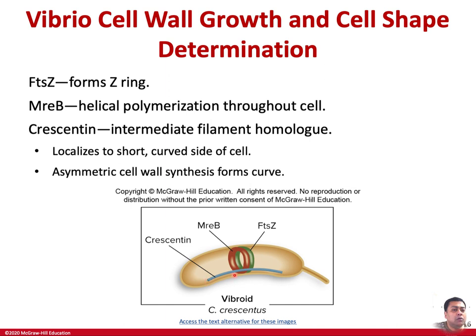It grows on one side and localizes to this short curved side of the cell, and that's the reason the cell divides in an asymmetric shape. The cell is going to divide more on this side, less on this side, and it takes the signature comma-shaped structure of the Vibrios, like Caulobacter. So this is the role of crescentin: to have an asymmetric growth to give rise to a comma-shaped bacteria.